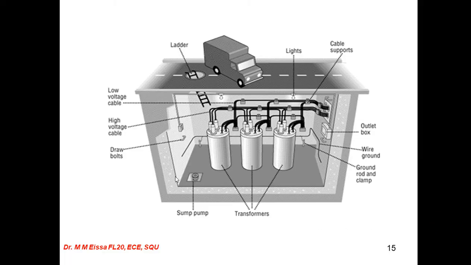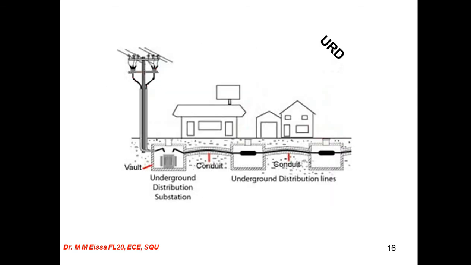As we explained, this is the underground distribution transformer, and this is actually preferred for many cities, specifically for the smart city. It's quite clear here. This is also underground distribution, a complete substation. Here, for example, is the distribution transformer.